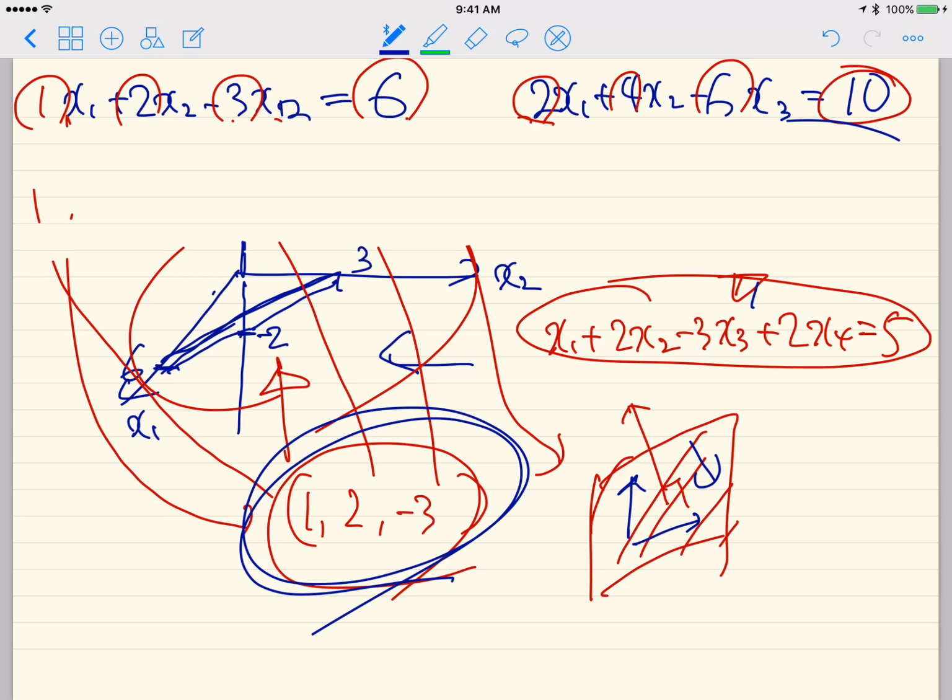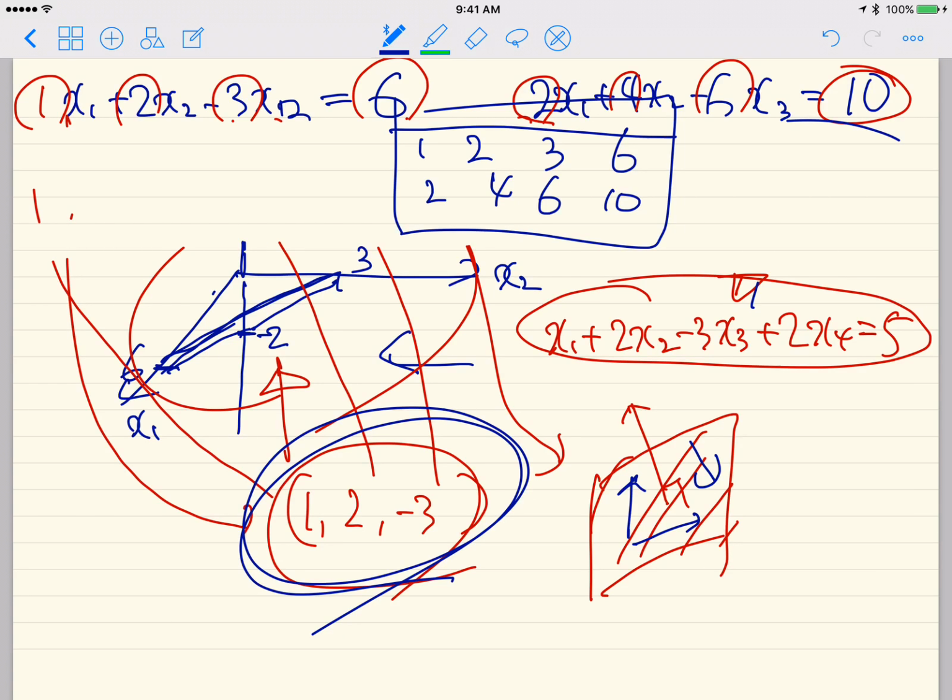Okay, let's go back to this original situation where we have a parallel plane. Suppose we had 1, 2, 3, and 6, and then 2, 4, 6, and 10, as the two rows in our linear system matrix.